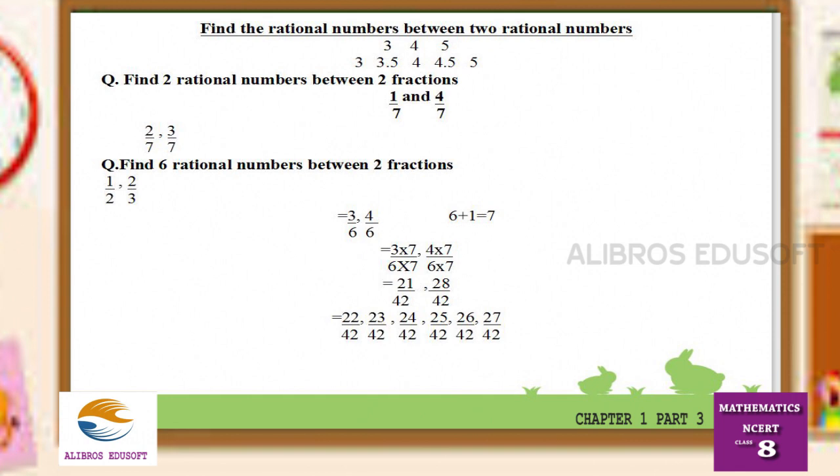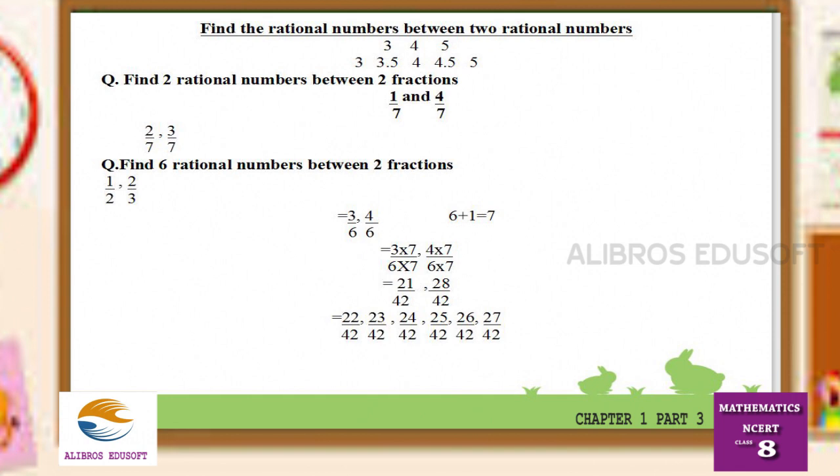First of all, equalize these fractions in denominators. 1 by 2, we get 3 by 6, multiplying 3 on both numerator as well as denominator. In 2 by 3, we multiply 2 on both numerator as well as denominator. So these two fractions can be converted into the form 3 by 6 and 4 by 6.